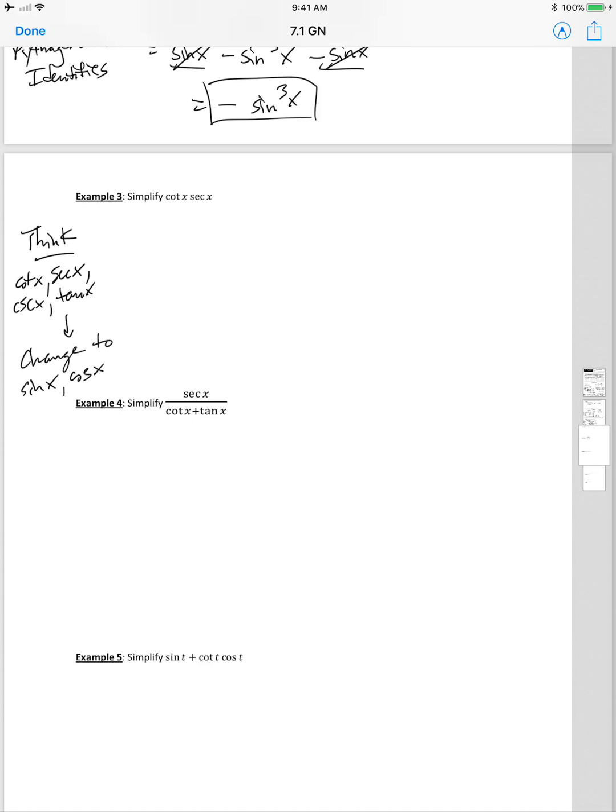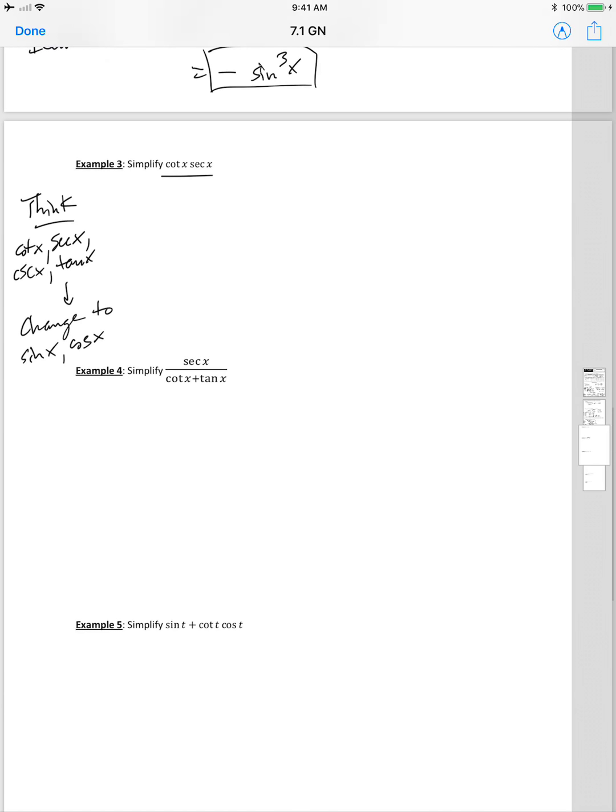So I'm going to change cotangent of x, secant of x, to something in terms of sine and cosine. So I'm going to look at my identities. I see from the quotient identity that cotangent of x is equal to cosine of x over sine of x. And I know from the reciprocal identities that secant of x is the same as 1 over cosine of x. I'm still multiplying these two terms, like I was in the given expression.